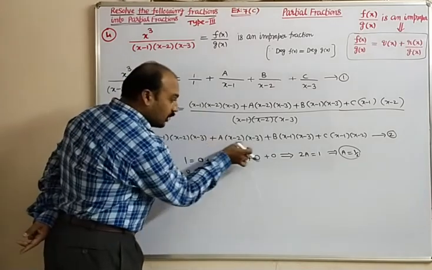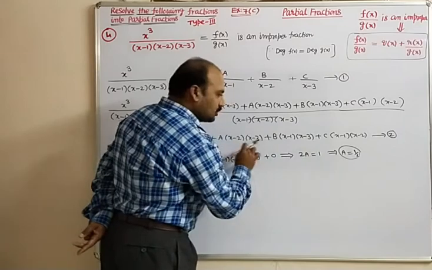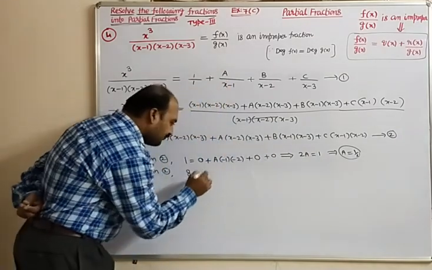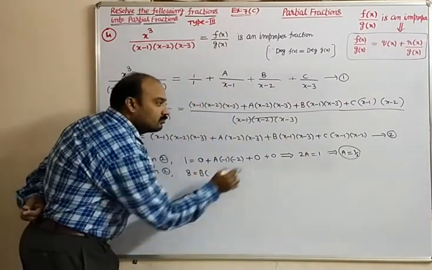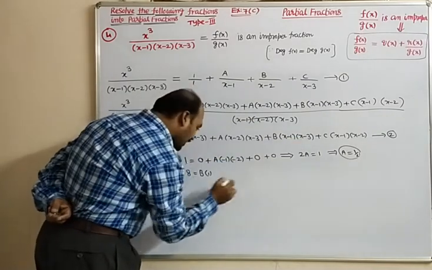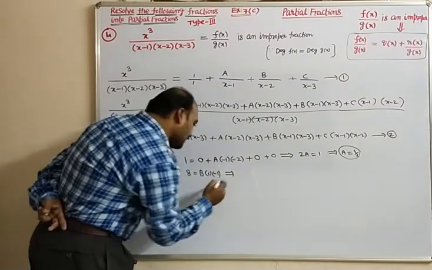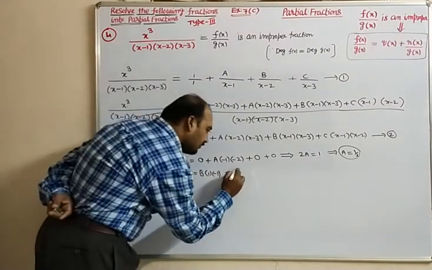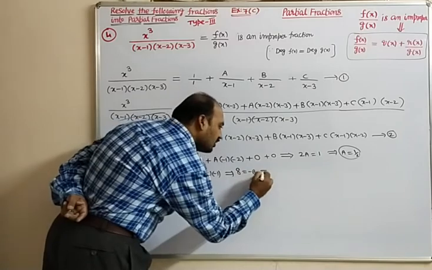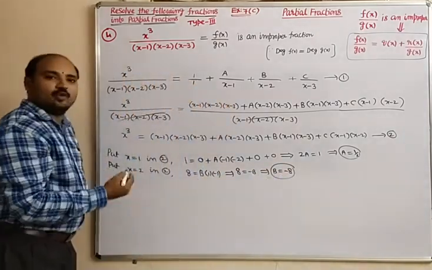This value also 0. X is equal to 2, substitute means, except this one, the remaining will be zeros. So B into 2 minus 1, 1, 2 minus 3, minus 1. That value also goes to be 0. That implies that minus B equal to 8. That implies B equal to minus 8. We got the value of B also.